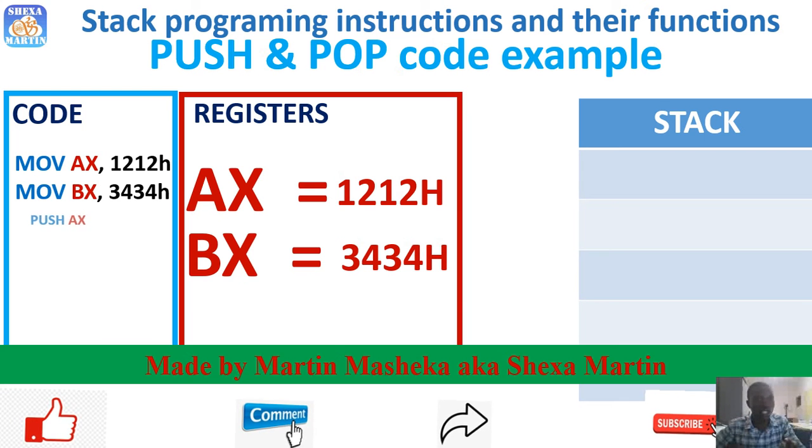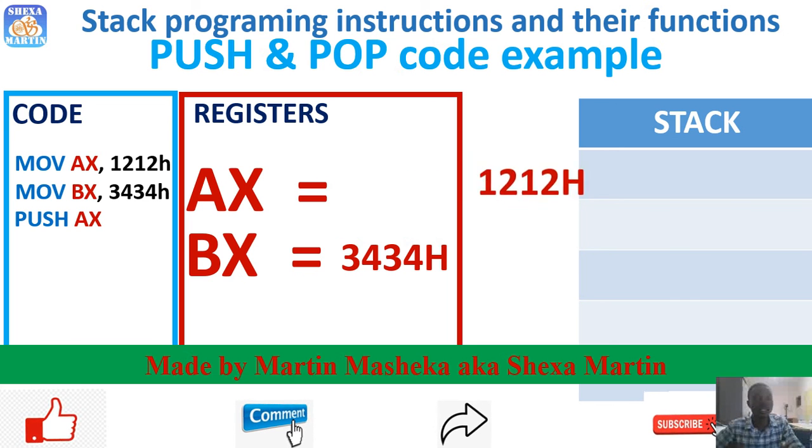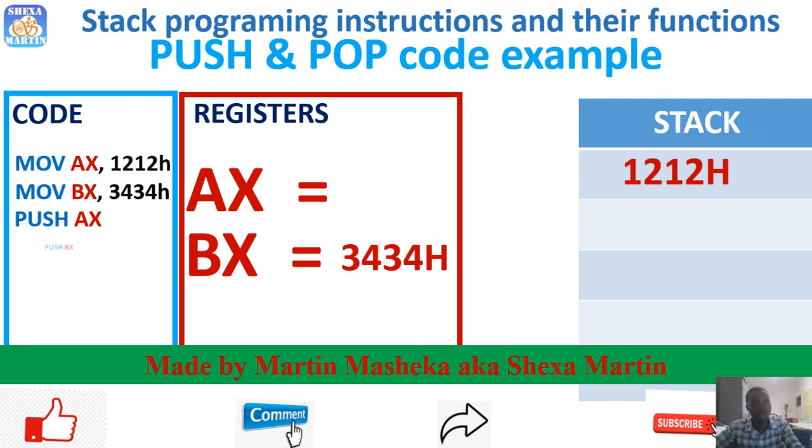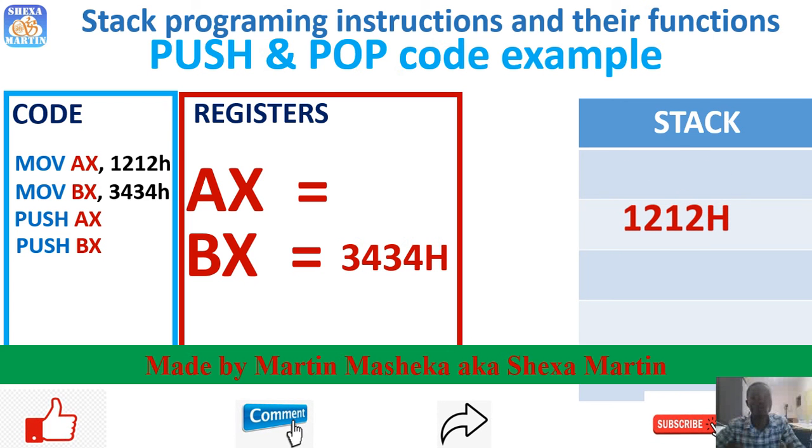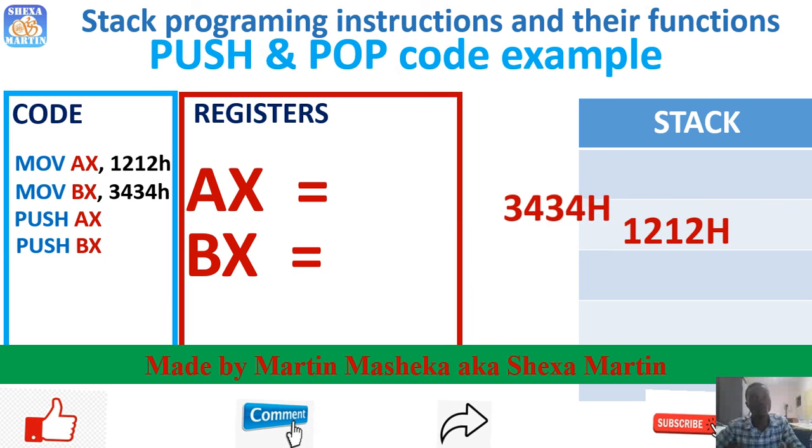We say push AX, and push AX will take the value of AX onto the top of the stack, like that. And then we say push BX, and then BX, 3434, is going to be pushed onto the top of the stack. 3434 goes to the top of the stack, and then what's next?